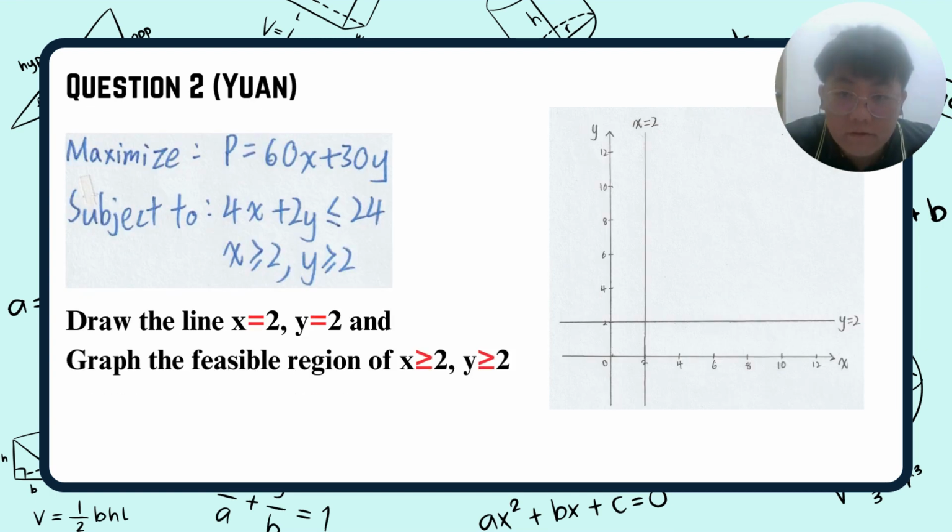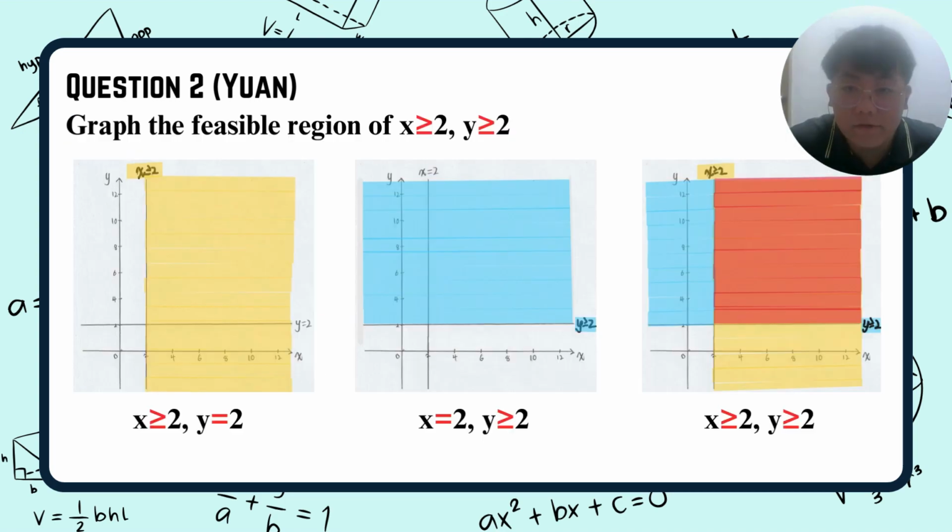After that, we draw the lines x greater than or equal to 2 and y greater than or equal to 2, which are x equal to 2 and y equal to 2 in the graph that I provided. Then we find the feasible region of x greater than or equal to 2 and y greater than or equal to 2. The first picture is x greater than or equal to 2 and y equal to 2.